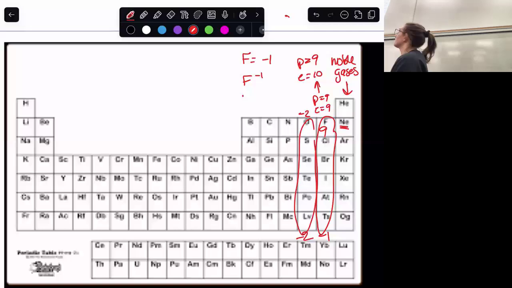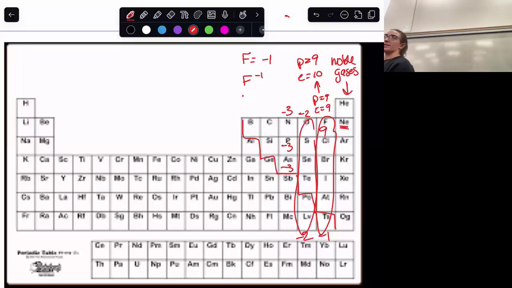For the most part, nitrogen, phosphorus, and arsenic, that group there, is going to be a -3. Nitrogen and phosphorus for sure will make a -3. We have this little stepwise function there. So I think arsenic also makes a -2, but for the most part, you can say that everything in that third row from the noble gases is going to have a -3 charge.